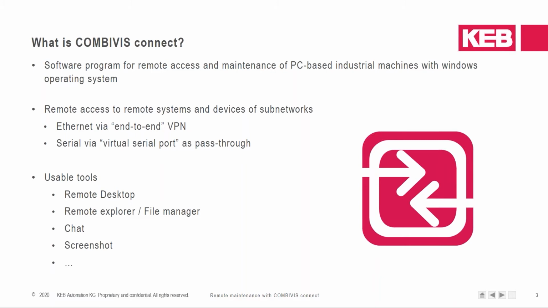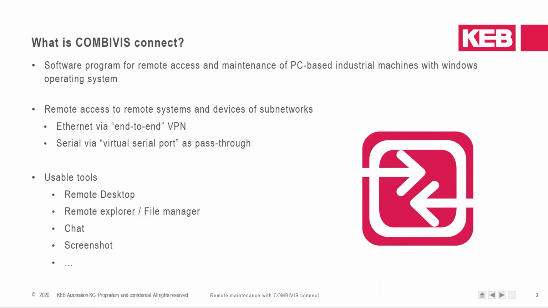What we can do with it, we have the chance to use the remote access to subnetworks. Therefore, we have the chance to build up a VPN connection. So VPN means virtual private network, and this is an end-to-end connection via Ethernet.